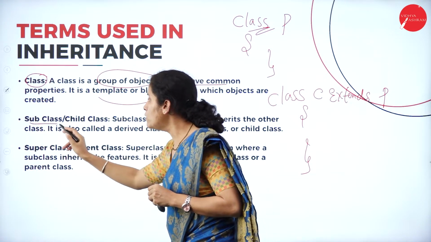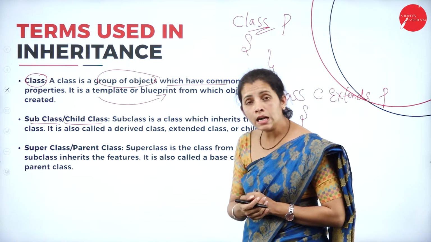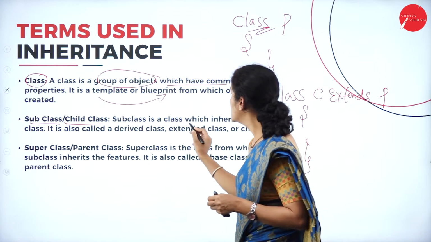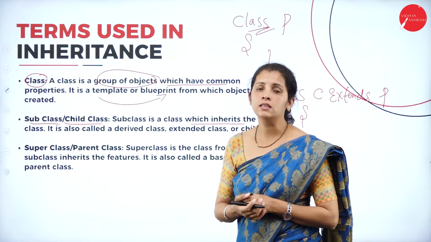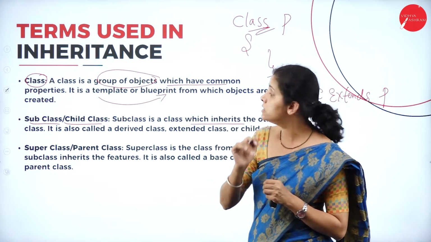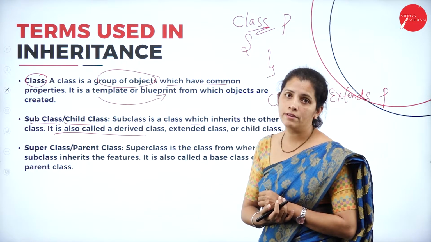Then what about subclass or child class? Here a subclass is nothing but once again a class which inherits another class. That means a subclass is responsible for inheriting another class, and it is also called a derived class.